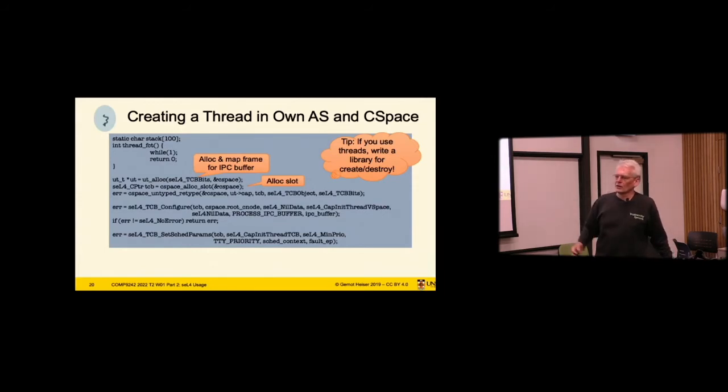And then there is another call to set up the scheduling parameters, and that's what it needed. So it's basically boilerplate, and we recommend that you put that into a library. The reason that is not already there is because that implies policy, right? How you allocate your stacks, etc. That's an operating system policy which you need to implement.